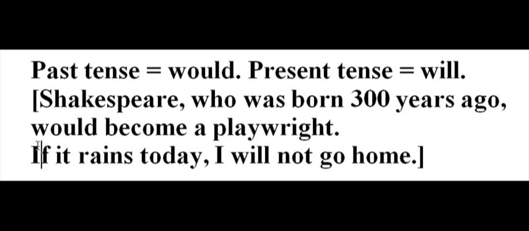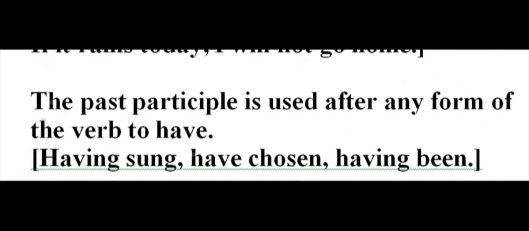Many people do say, if it rains today, I would not go home. The SAT is purposely designed so that you can sort of hear and somewhat see that it's wrong, but you can never pinpoint exactly why it is. And I'm telling you, if it's past tense, you're going to need would, and if it's present tense, you're going to need to use the word will. And read these two sentences again if you don't understand that.